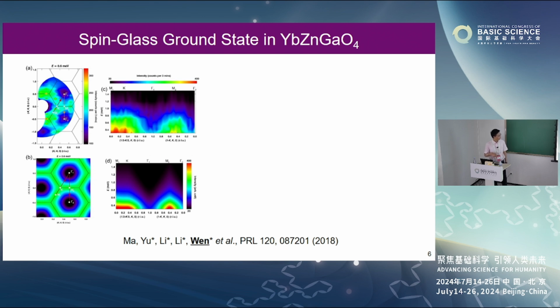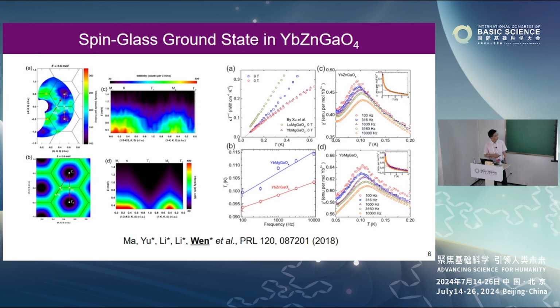So these two panels are calculations, and these two panels are experiments. So you see that actually they are very similar. So we can also use structural disorder to reproduce this kind of continuum, which is considered to be very strong evidence for quantum liquids. So what is the real ground state for this material?